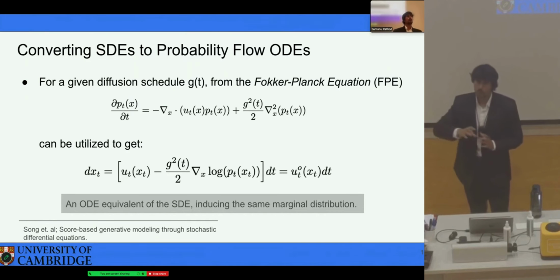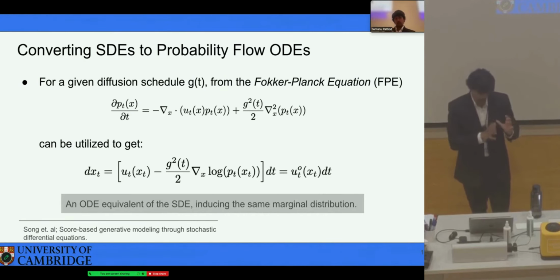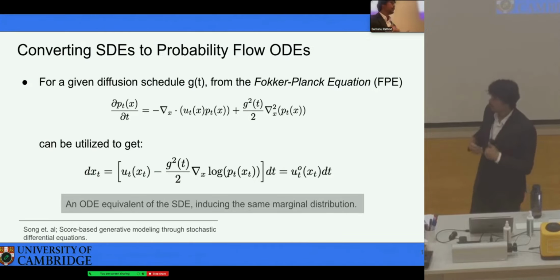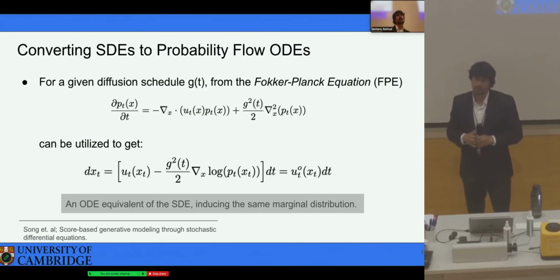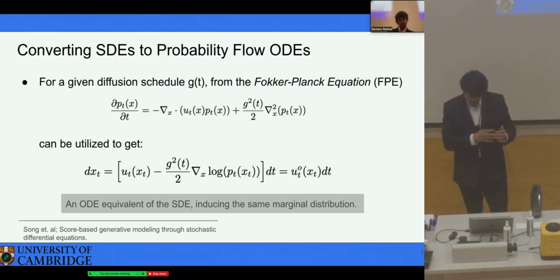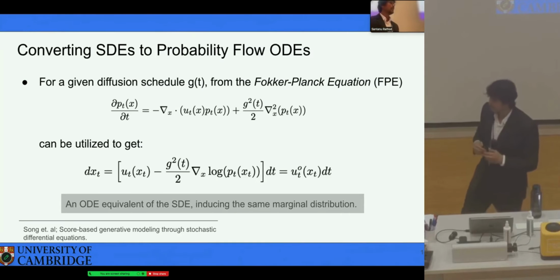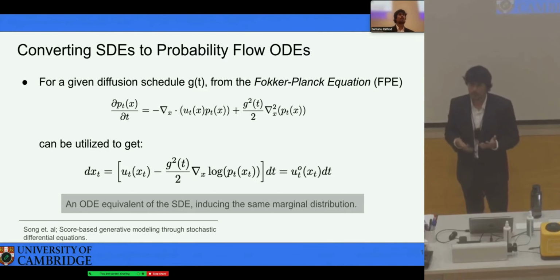So even though you are not writing an SDE, you're writing a probability flow ODE, the properties of this probability flow ODE are such that at time t, the marginal distributions that you would have gotten based on this ODE or the SDE would have been equivalent. And this is the property that we want.